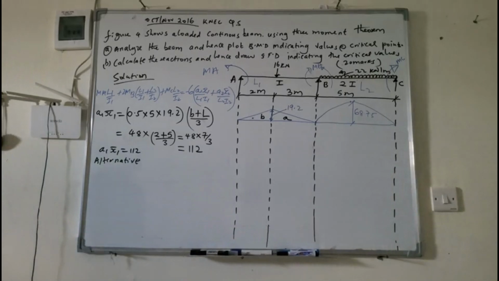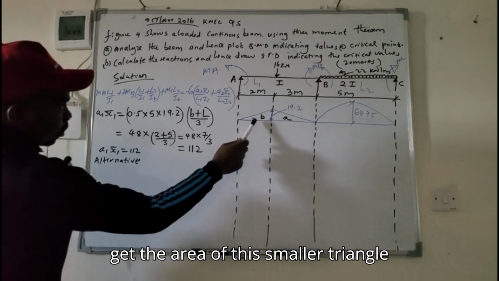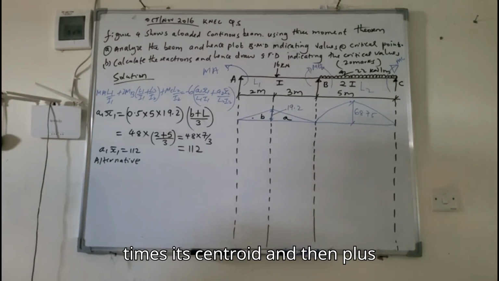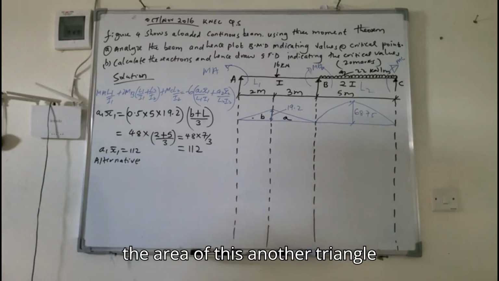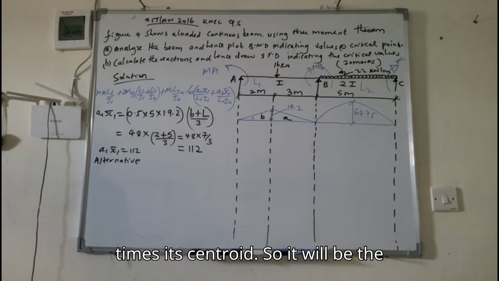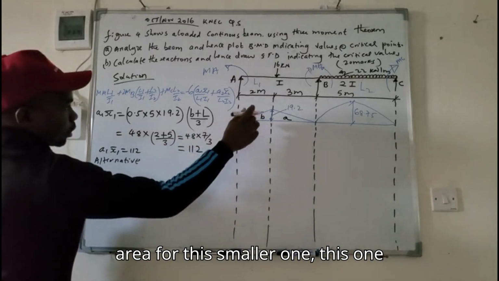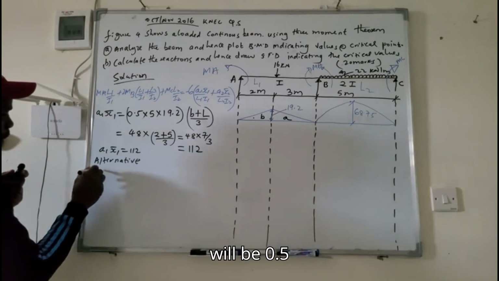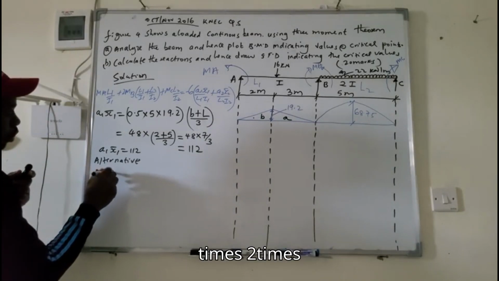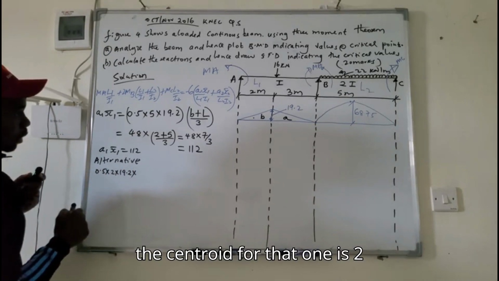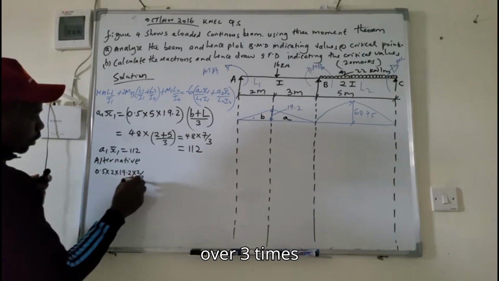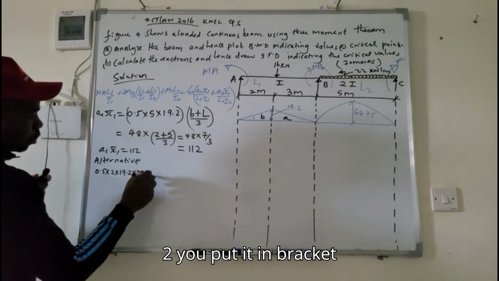An alternative is to get the area of this smaller triangle times its centroid, plus the area of the other triangle times its centroid. The area for the smaller one will be 0.5 times 2 times 19.2 times the centroid, which is 2 over 3 times 2.